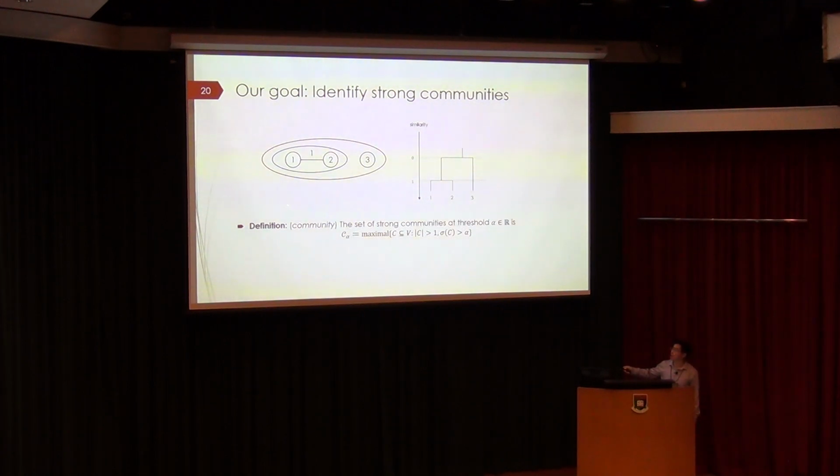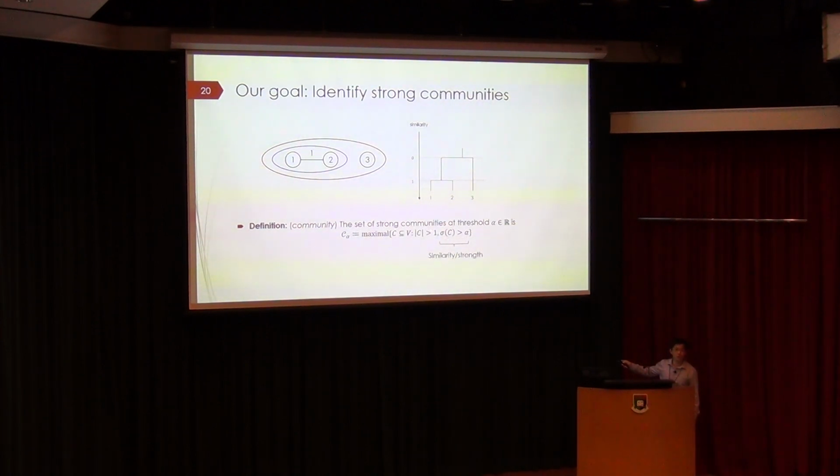To formulate our problem, we want to find a set of strong communities at some threshold alpha, where alpha is the similarity that we are looking at. They are subsets of V with at least one element in it, and sigma of C has to be larger than alpha.